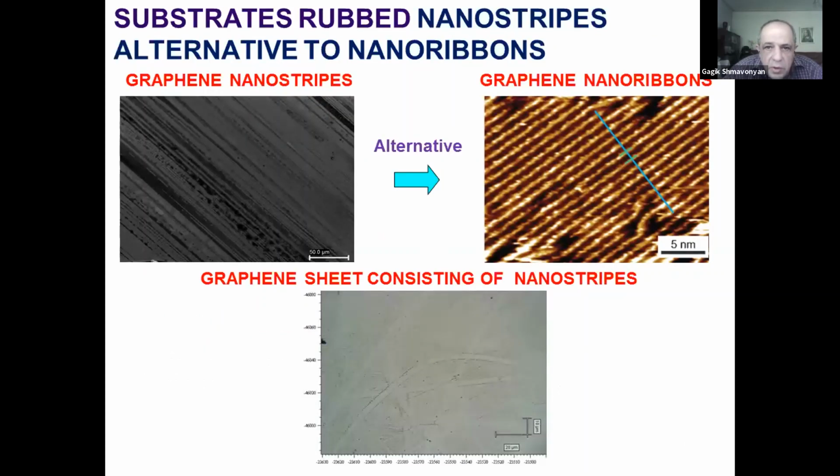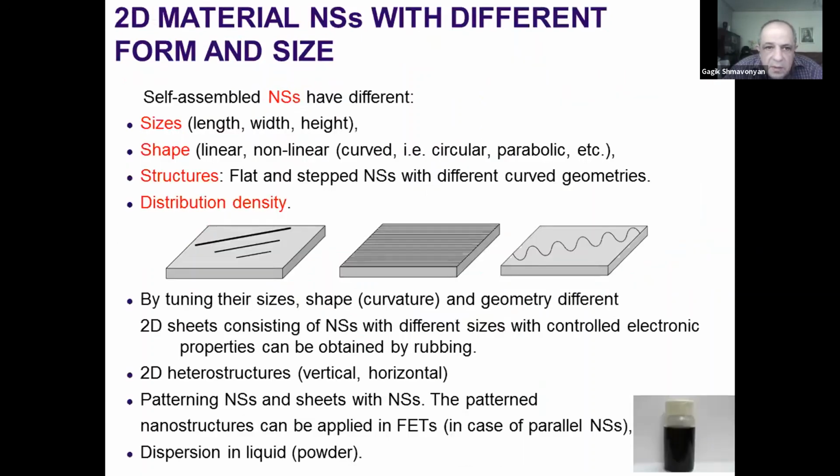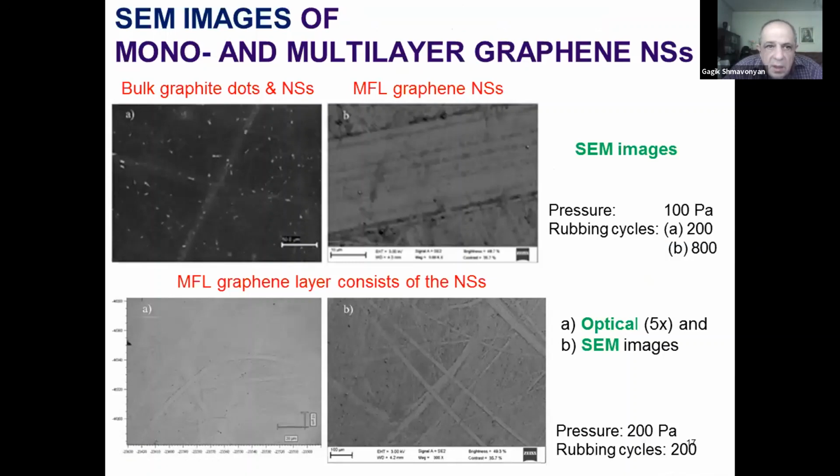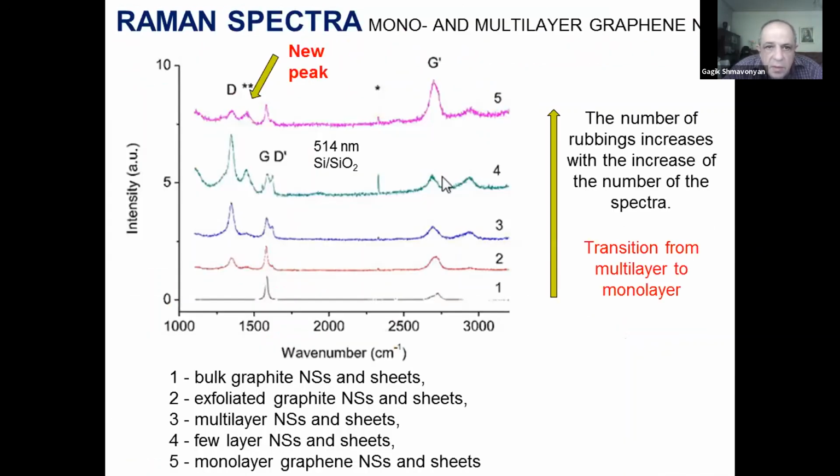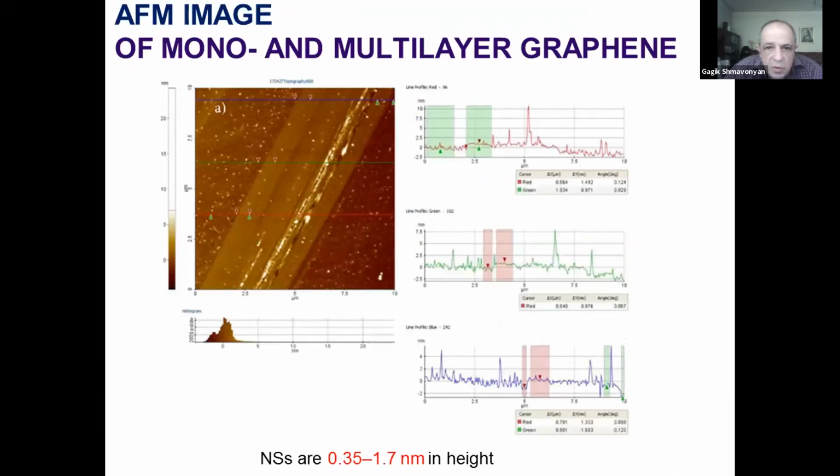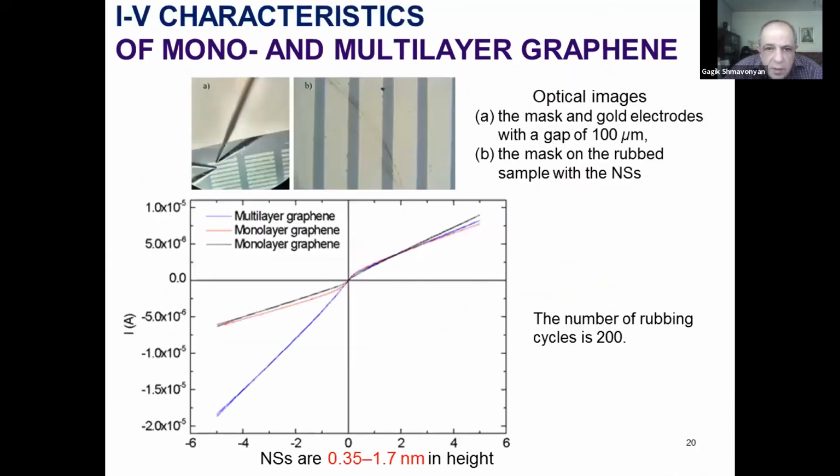Here you can see a few examples of graphene nanoribbons which we got. It is possible to change the form and sizes of these graphene nanostripes. Here are a few example SEM images, Raman spectra, and also AFM images which show that we can get from 1 layer to 4 layers, which is a good result.